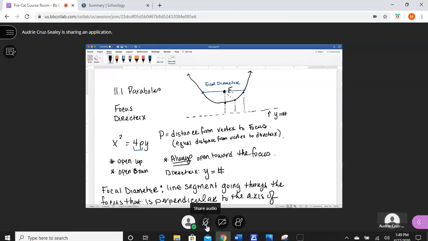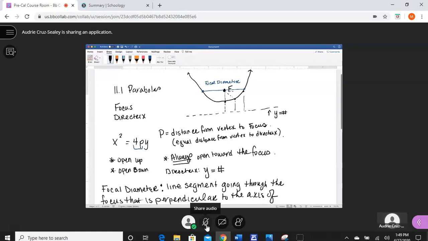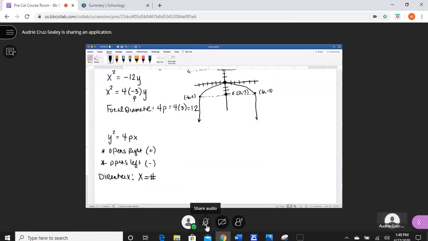And then for this one, since it's going to open left and right, that means your directrix is a vertical line, right? And so if it's a vertical line, it's going to be x equals a number. Okay?